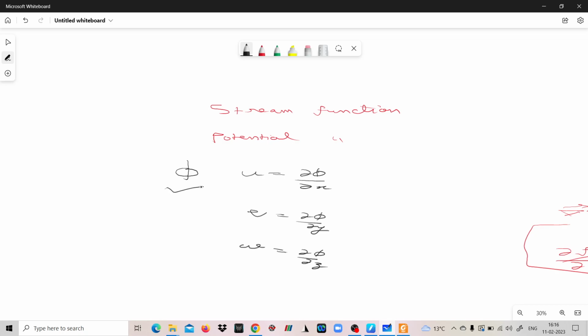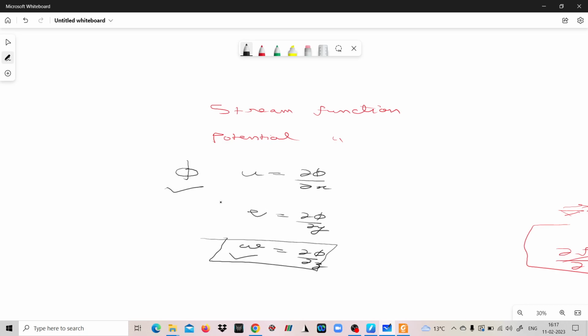So the potential function is represented generally by the symbol phi. It is a scalar function of space and time such that the x component of velocity is given by the partial derivative of phi with respect to x, the y component of velocity by the partial derivative of phi with respect to y, and the z component of velocity w by the partial derivative of phi with respect to z.